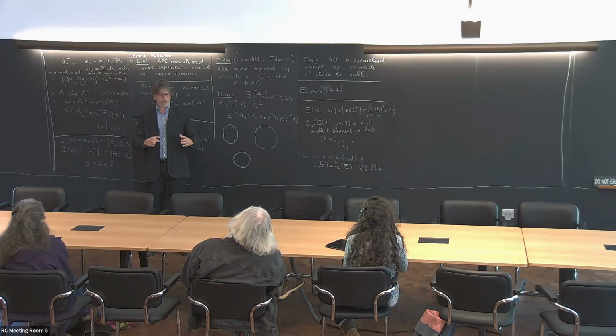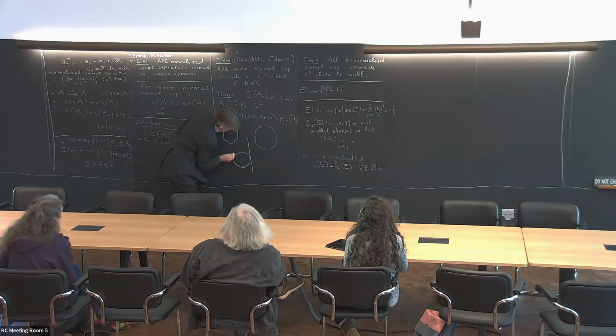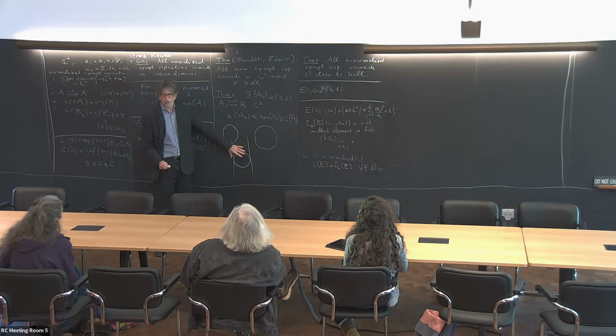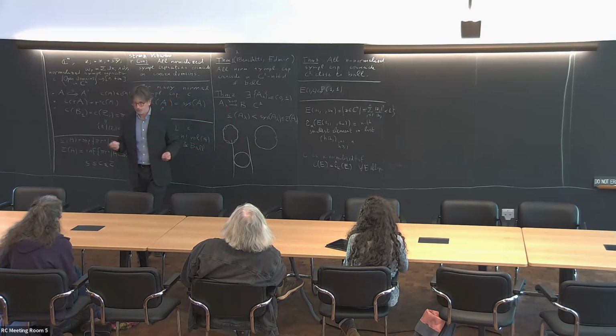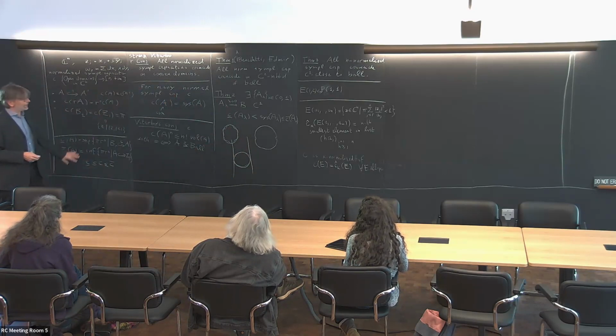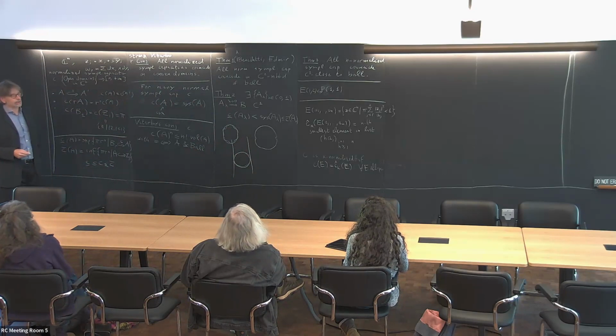Before, the touching set before the perturbation was just one periodic orbit. Now the touching set of the ball with the ball is the whole thing. So it's much more delicate, this thing.